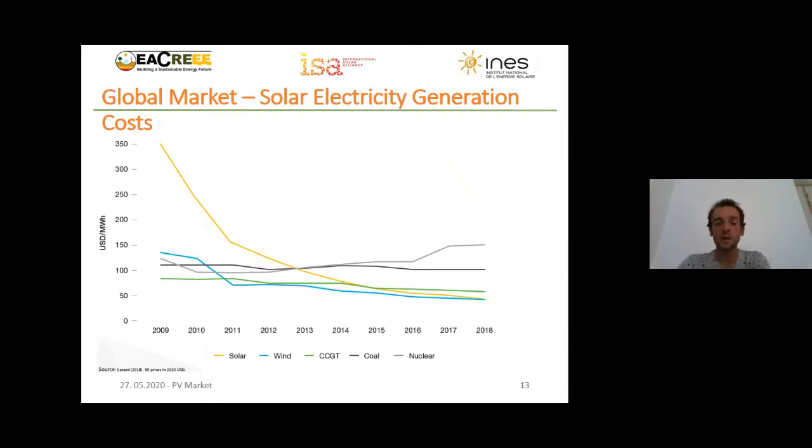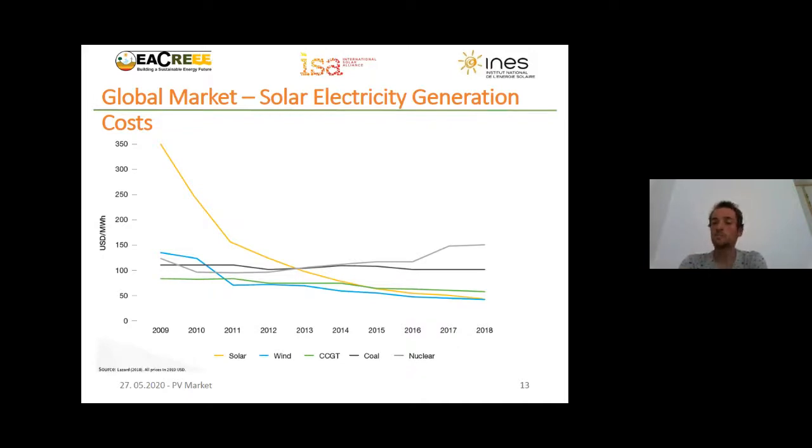So it gives you the electricity generation costs that need to be reached if you want the economic performance to be okay. So what you can see on this curve from an analysis from a famous consulting firm, Lazard, in 2018 is that the LCOE, the levelized cost of electricity of solar, in yellow, is decreasing a lot, mainly due to cost reduction, whereas for other power generation systems, the LCOE is quite constant.